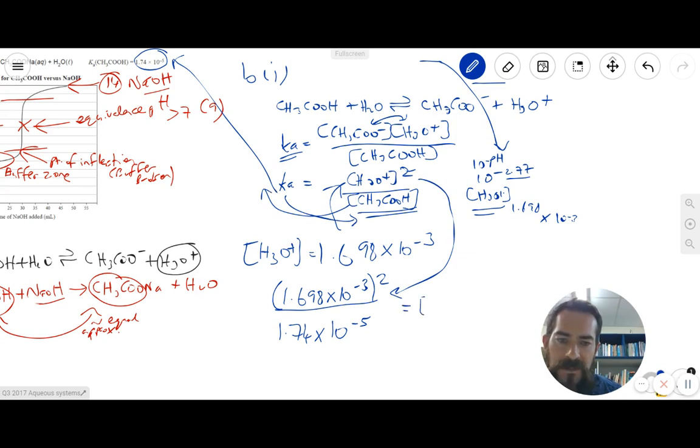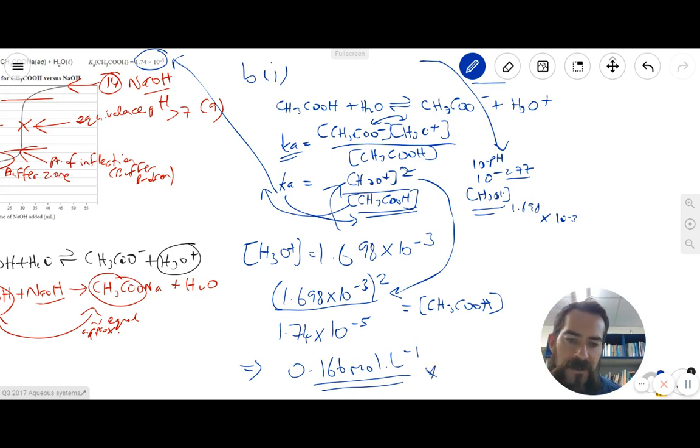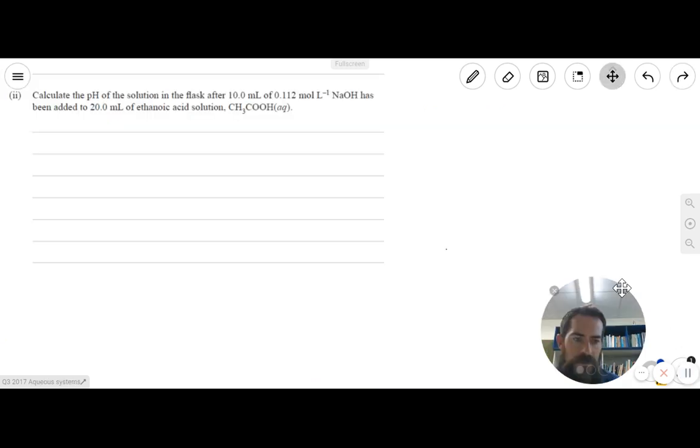So that's equal to the concentration of the ethanoic acid. All right. And so if we perform that calculation, we'll get a concentration for the ethanoic acid of 0.166 moles per liter. And what's nice about this question is they actually gave you that value in the question, so you're just working towards confirming that that is the right answer. So that's how you do question 3b, part 1, and let's take a look at part 2.